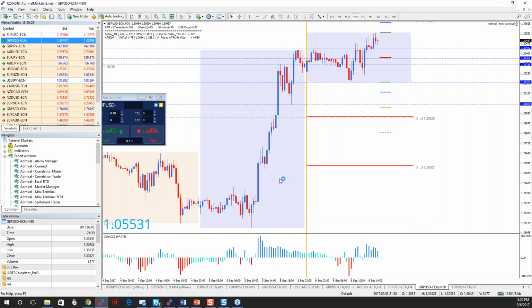If you remember, we bought GBP dollar from this spot, so you could have made nice pips buying it from this spot here. But now, obviously, yesterday I gave you a sell trade, and well, you could have made 20-30 pips from a sell.